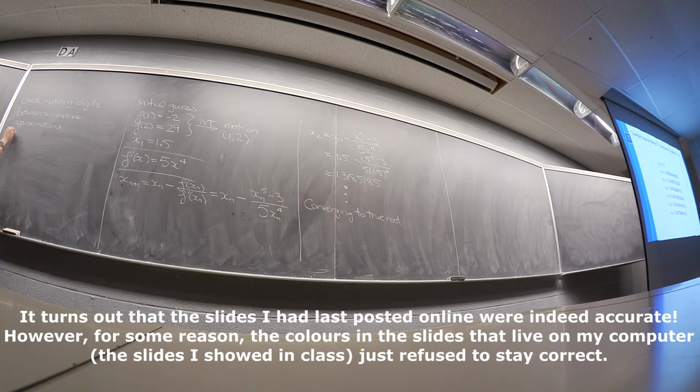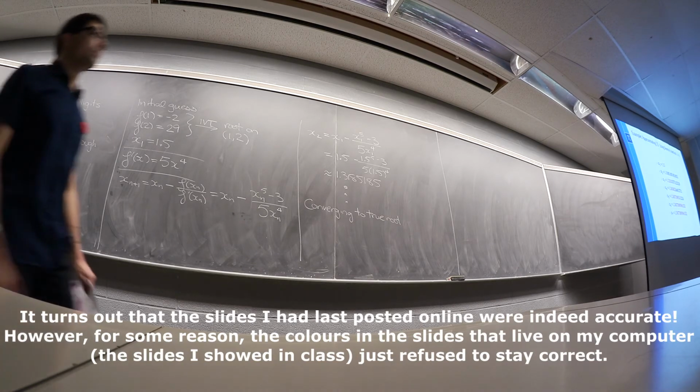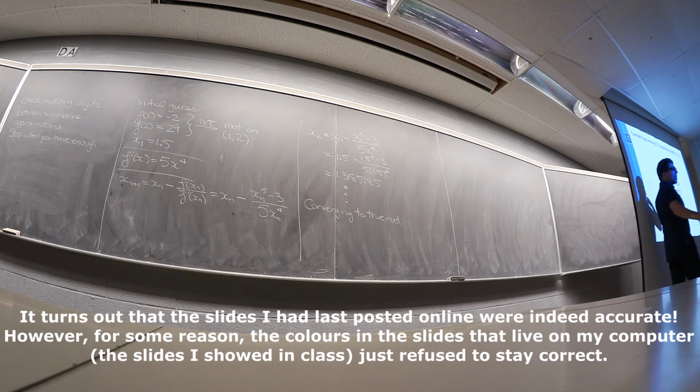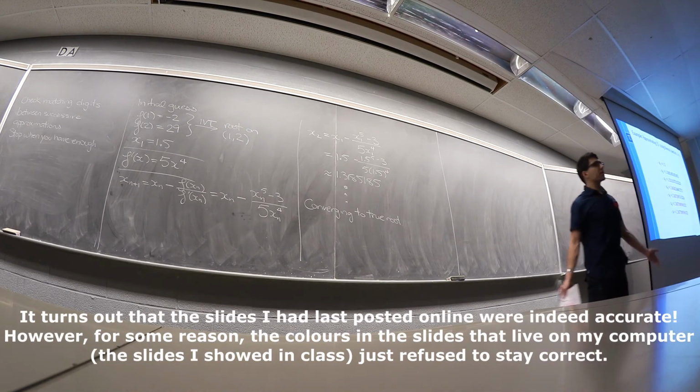Stop when you have enough. And either us or your needs will tell you what is enough. And in this case, I said, suppose we want to approximate it accurate to 7 significant digits.